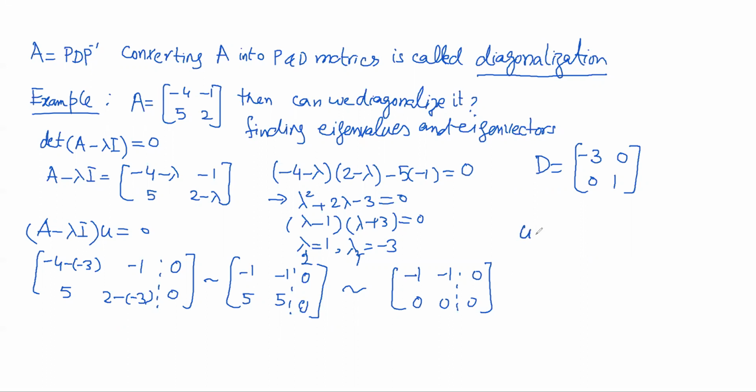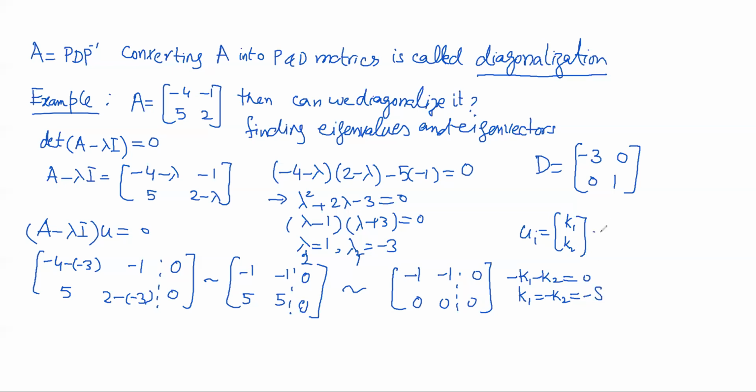So if u1 is the eigenvector corresponding to lambda 1, and u1 is k1, k2, then this first equation will be minus k1 minus k2 is equal to 0. So k1 will be equal to minus k2. If we take k2 as a free variable s, then k1 will be minus s.